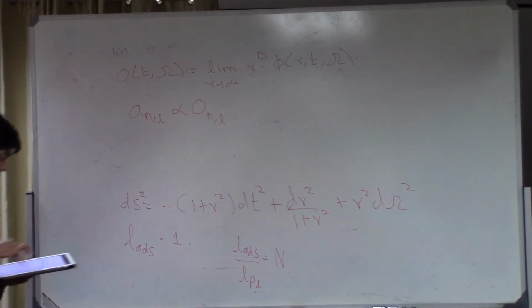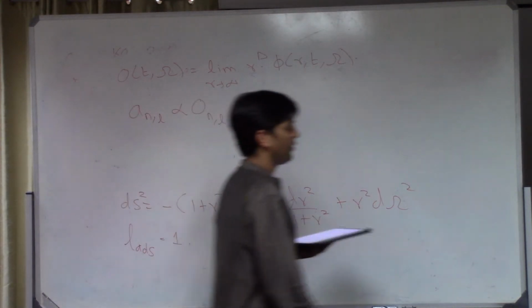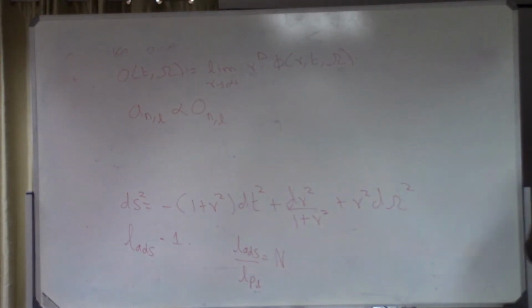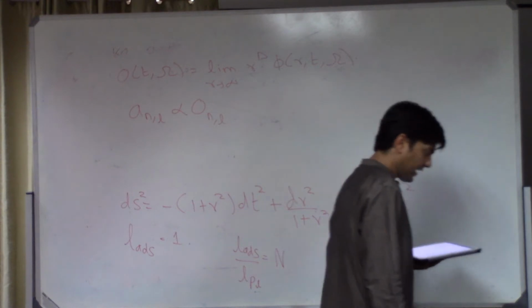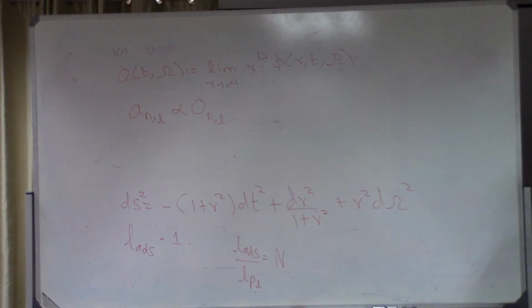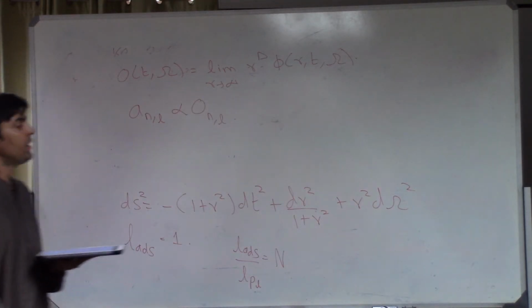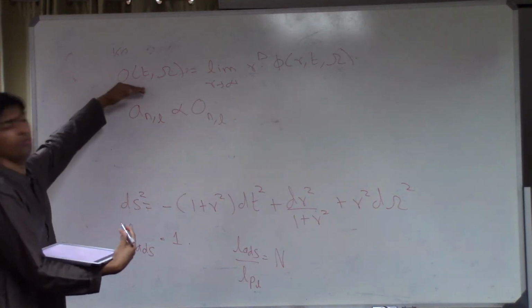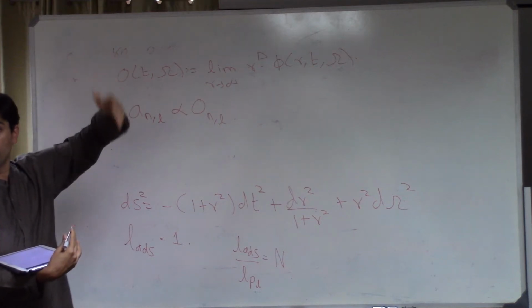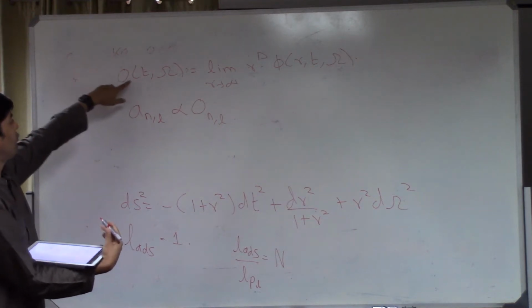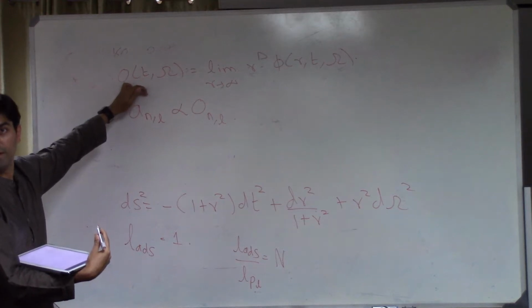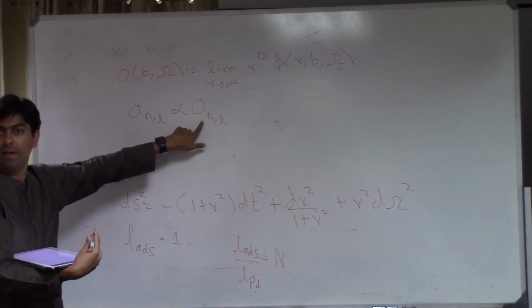Now the next point I want to make, which comes from here, is to recognize that if I gave you data over the entire light crossing time, so let's call this minus pi. If I gave you the values of O's for the entire light crossing time of the boundary, then you could Fourier transform O of t omega and obtain O of nl.